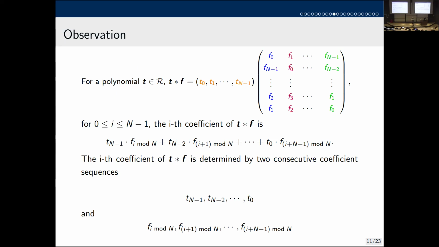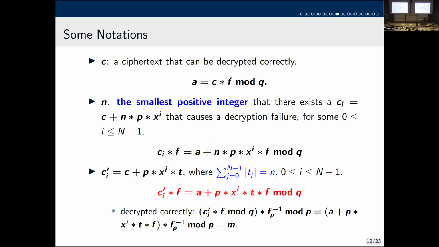So this is what you will do. And if you look at this number, you realize if they match very well, then you can maximize the sum. Therefore, you can achieve n. Then you can find the mismatches or cause the decryption failure. Okay, so this is what we do.